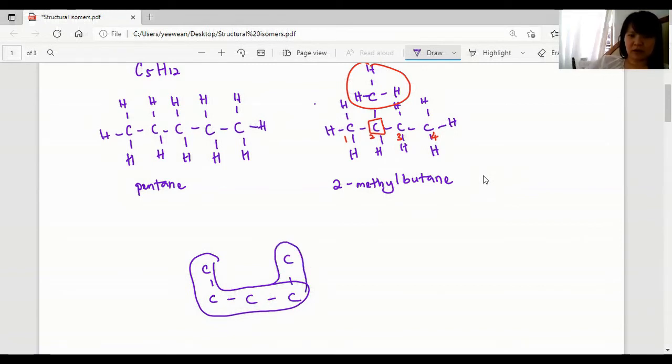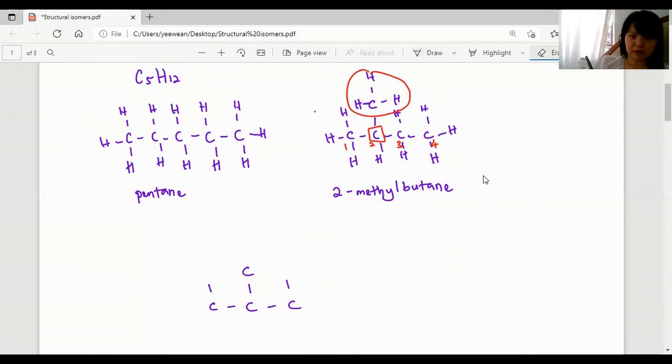So this doesn't work. It'll have to go to the middle carbon. That's the only place we can put the branch here. There's one more carbon because it's C5H12. So I can't put it on the first or the last carbon. Otherwise, it's going to make a butane or a pentane. So I'm going to put both on the middle carbon.